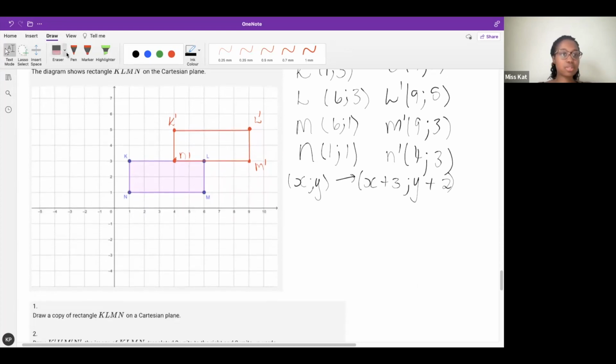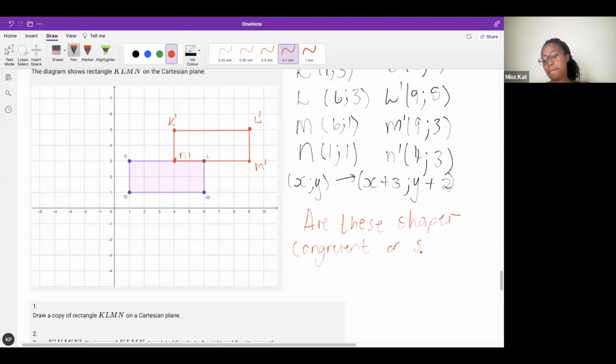Are these two shapes congruent or similar? What's my reason, guys? The reason for your answer, what is it?